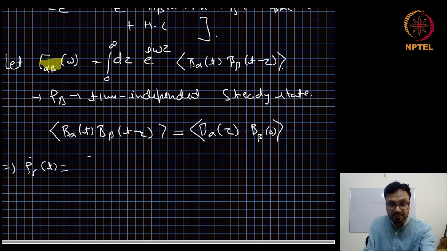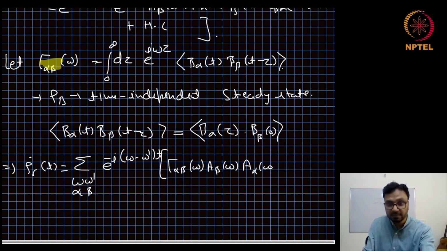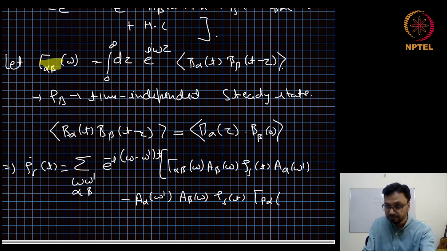So with this, we have a little bit simplified version of the equation, and that is sum over omega, omega prime, sum over alpha beta, exponential of minus I omega minus omega prime t, gamma alpha beta of omega, a beta of omega, rho s at time t, a alpha of omega prime, minus a alpha of omega prime a beta of omega rho s of t times gamma beta alpha, plus Hermitian conjugate.